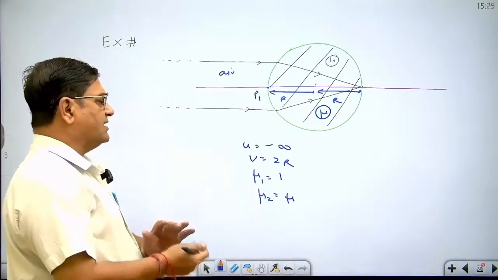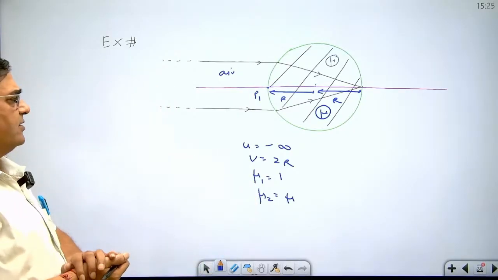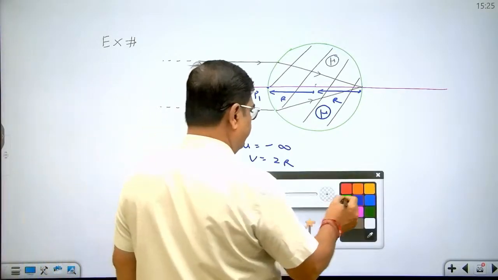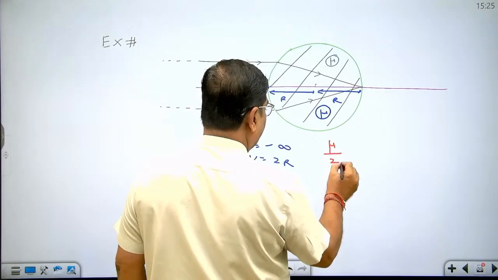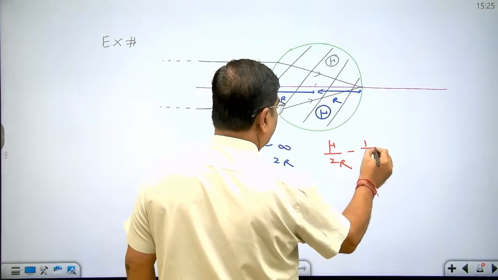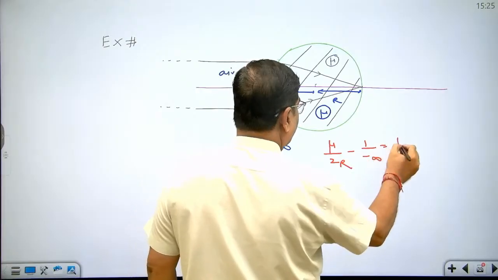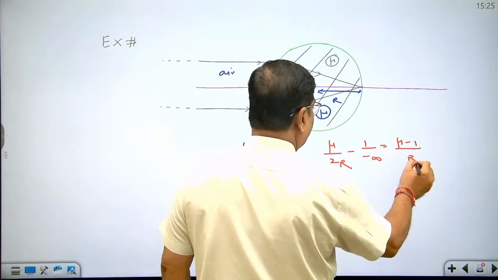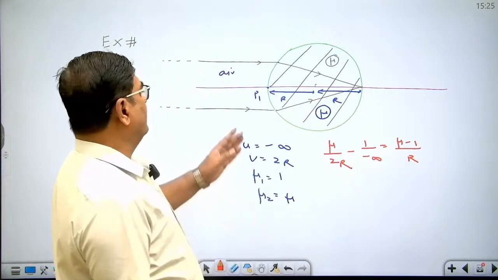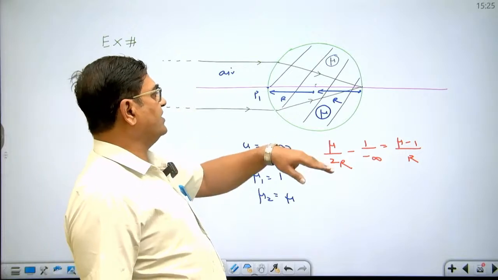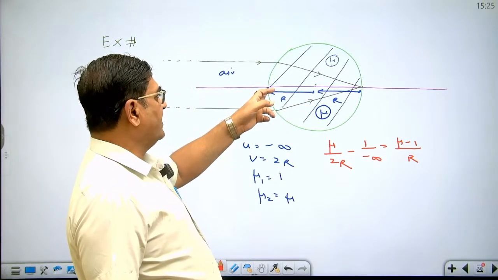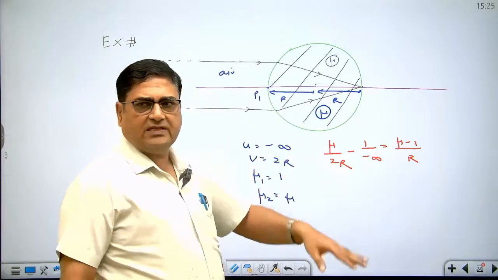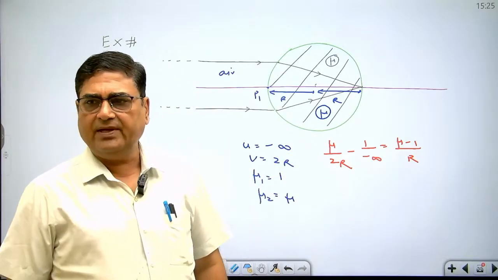So dear student, let's apply the formula for refraction from curved surfaces. Mu2 upon v minus mu1 upon u equal to mu2 minus mu1 upon r, and r will be positive because incident rays are coming from this direction and the center of curvature is here. Distances will be measured from this reference point, the pole. All distances measured in the direction of incident ray will be taken as positive.